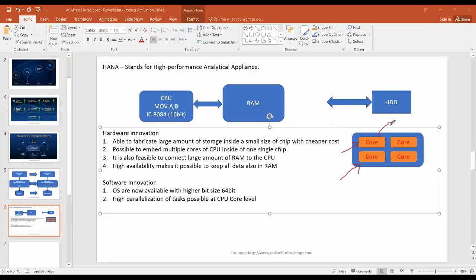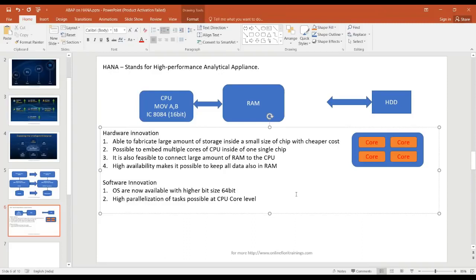So one core will go and read one column, another core reads another column, and so on. And at the end of it, I can join the result of all 4 cores and present it to the user. You would see this will significantly improve my performance and will be able to complete the operations which used to take a huge time in the past. So this is also possible with new software innovations to achieve maximum level of parallelization with multiple cores being available in a CPU.